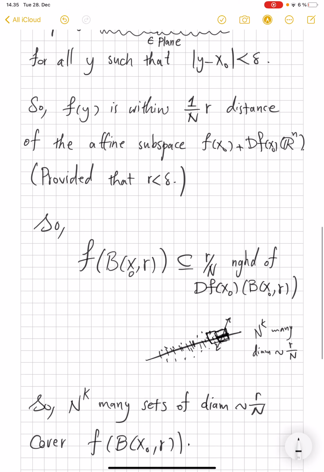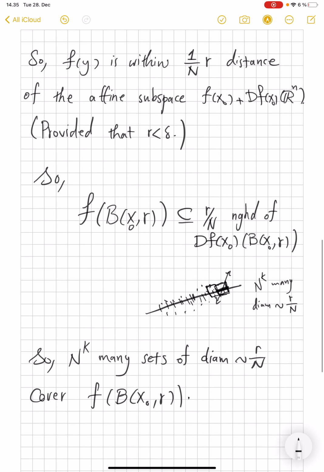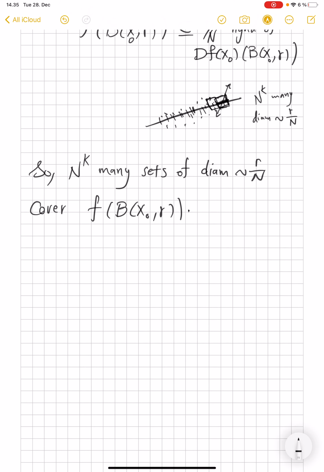Okay, so we fixed one point in the critical set. And then we said that for a small r, we can do this covering by these many and that many. We repeat this with every other point. So for every x in the critical set, there exists some delta. Well, first we can pick delta less than 1 if you want, and then you find an r.